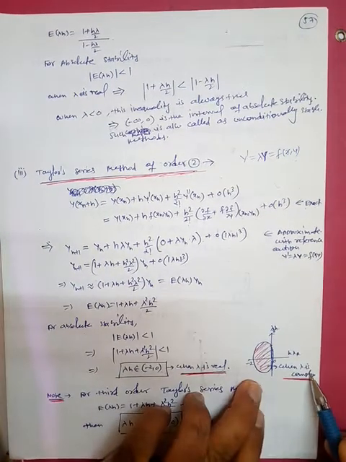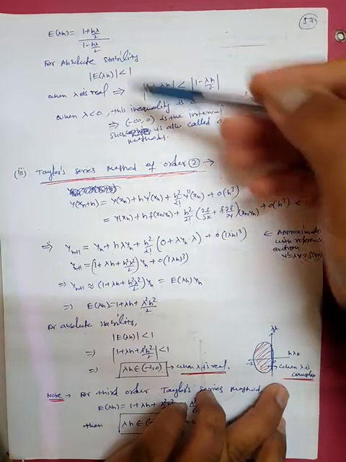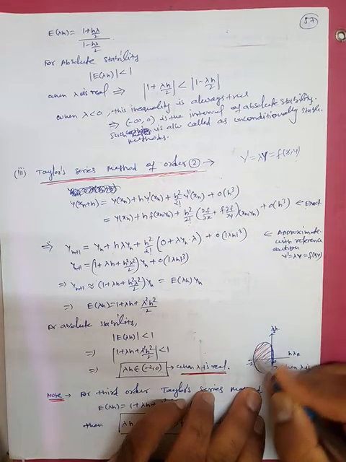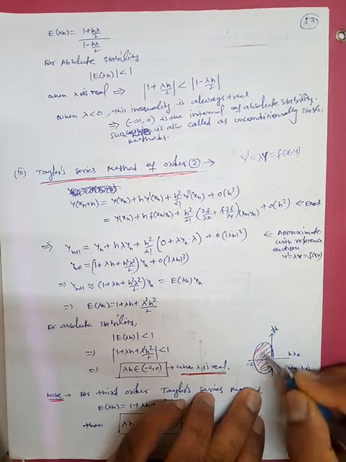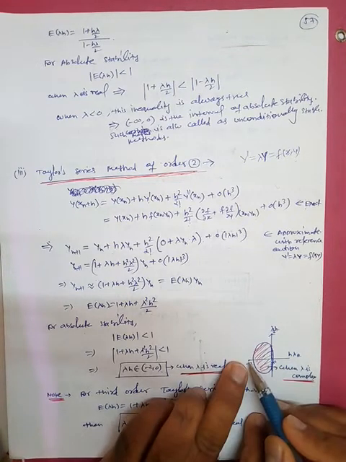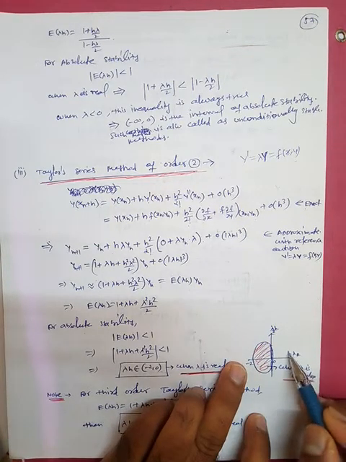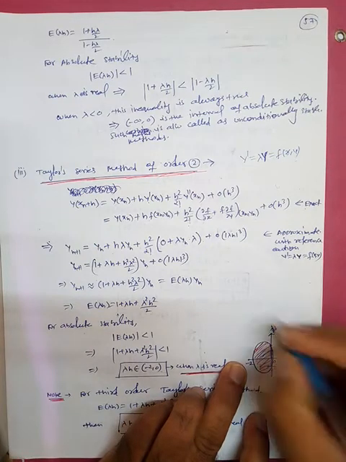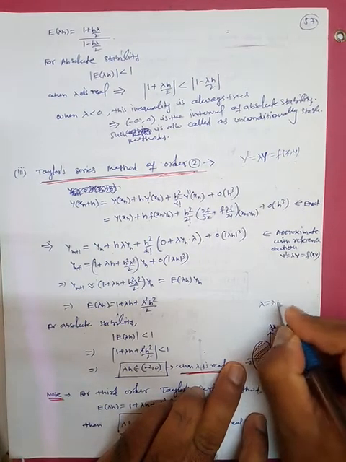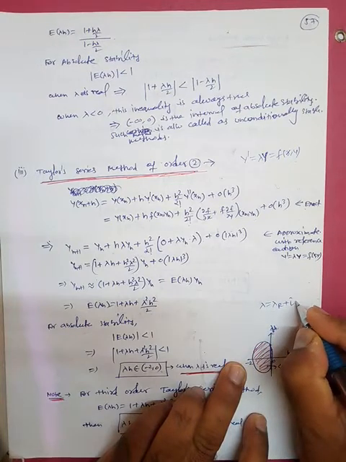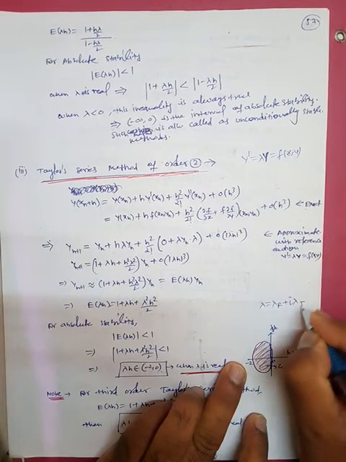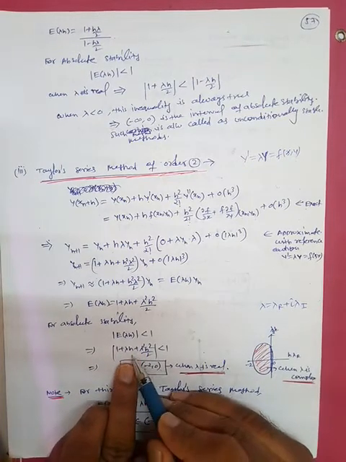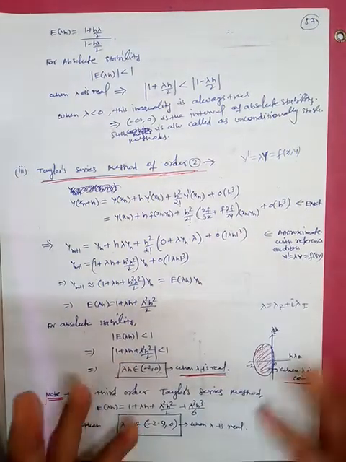Now when lambda is complex, just like in Euler's method, when you open this you will get this type of structure. I am not going into detail. Here we get the real part h lambda R, because lambda is a complex number, so lambda is the real part plus i lambda I. When you take a complex number, you have to substitute it here, open this and then find the interval.